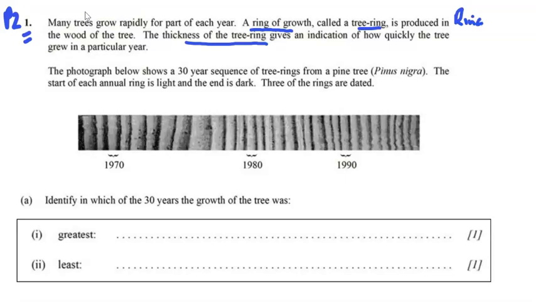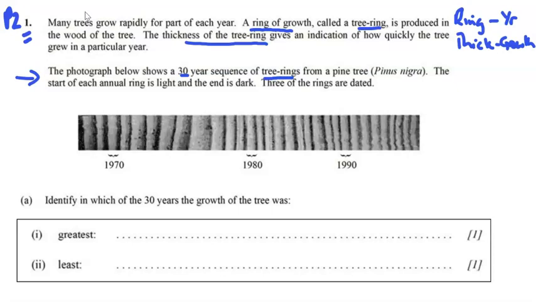Each ring, therefore, is a year, so that gives us a timing mechanism. And the thickness of that ring tells us about the quality of growth that was taking place during that period of time. The photograph shows 30 years of growth and the tree rings associated with that.